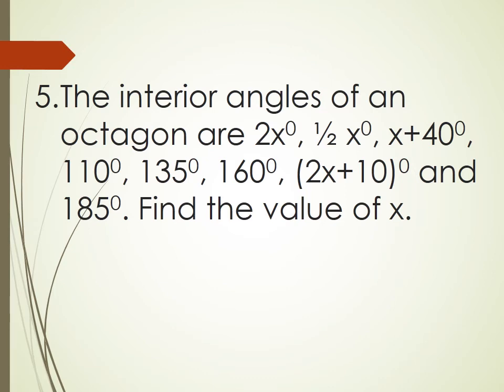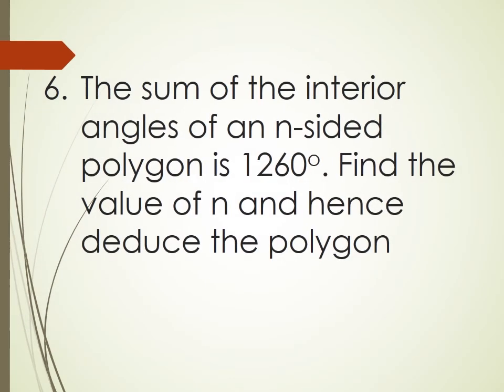Find the value of x. Question 6. The sum of the interior angles of an n-sided polygon is 1260 degrees. Find the value of n and hence deduce the polygon.